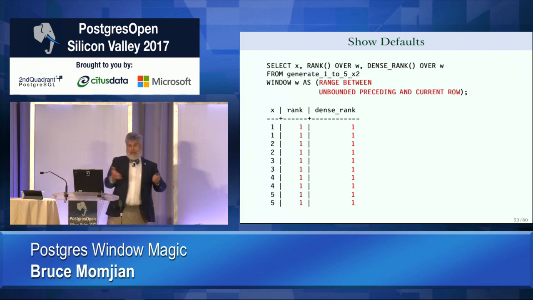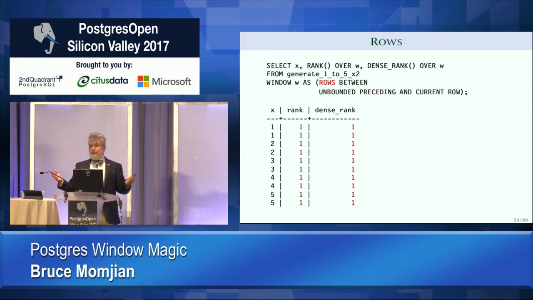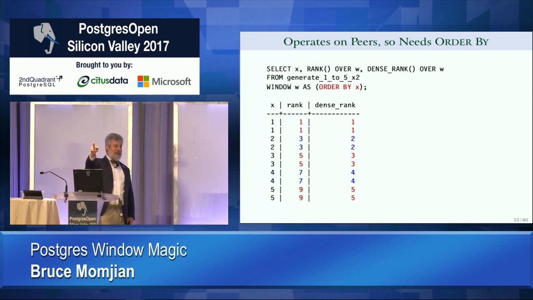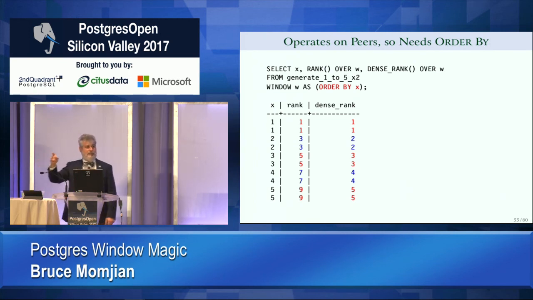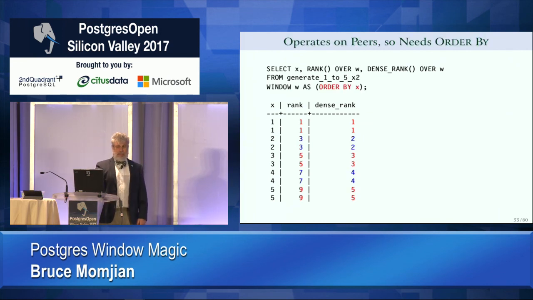Again, with these defaults, I still have no rank. If I go to rows mode, I still have no rank. But if I had an order by, then I get rank. Okay? I don't even know why it lets you call these functions with weird defaults, but it does. So here's an example, and these two columns are pretty illustrative. The second column is ranking them based on the order by, but it's using rank, which means if there are two first place finishers, the next person across the line is third.